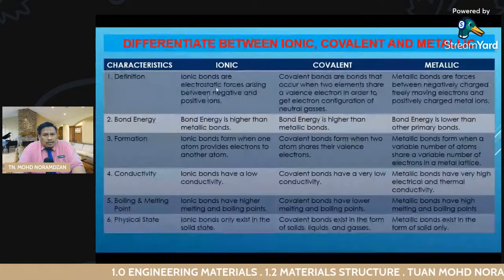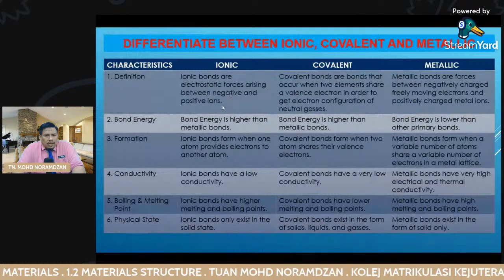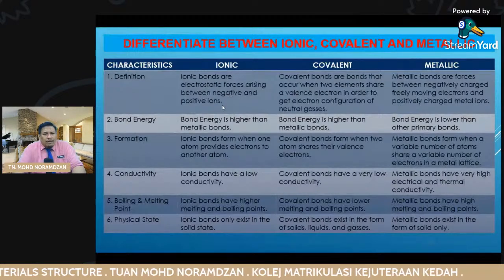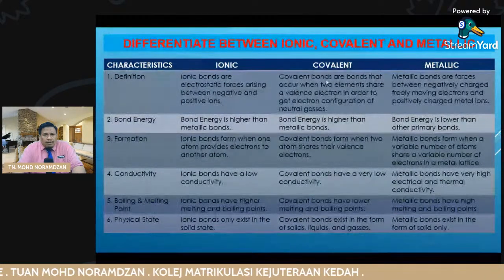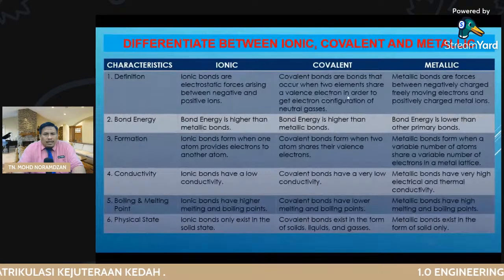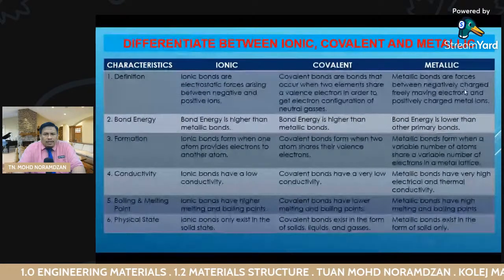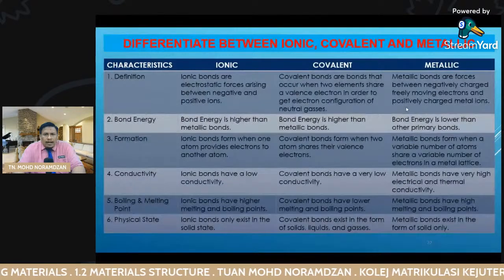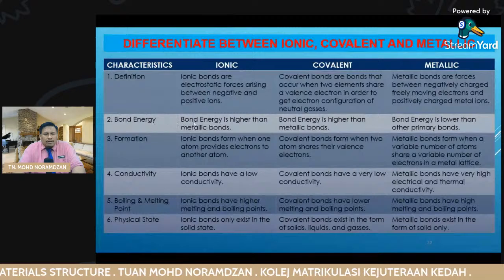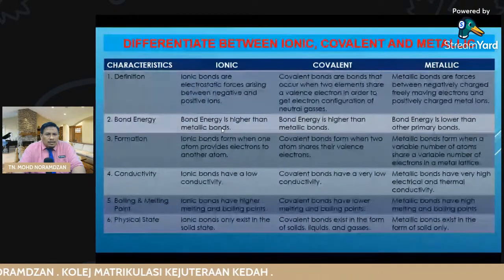Definition. Ionic bonds are electrostatic forces arising between negative and positive ions. Covalent bonds are bonds that occur when two elements share valence electrons in order to get the electron configuration of neutral gases. Metallic bonds are forces between negatively charged freely moving electrons and positively charged metal ions. Bond energy: ionic bond energy is higher than metallic bond.